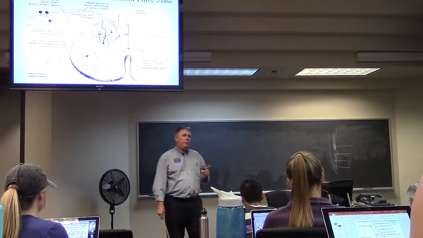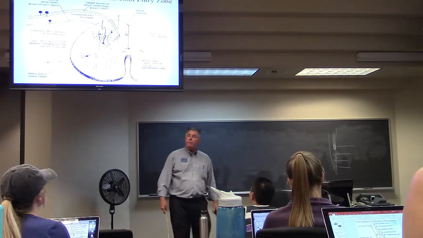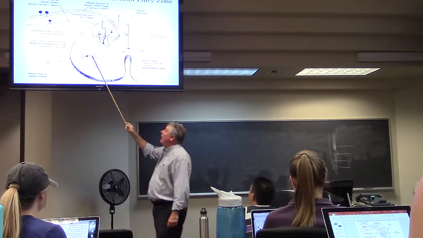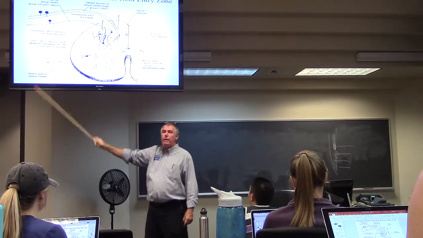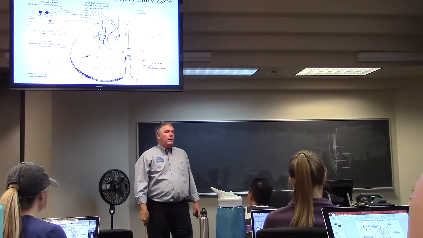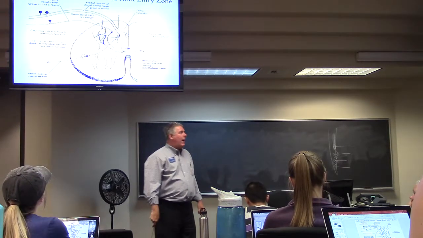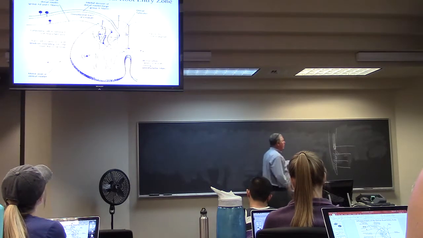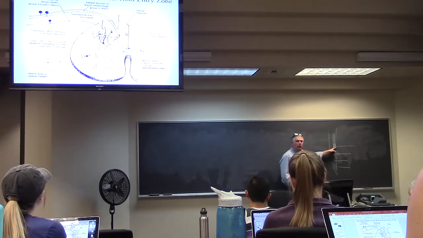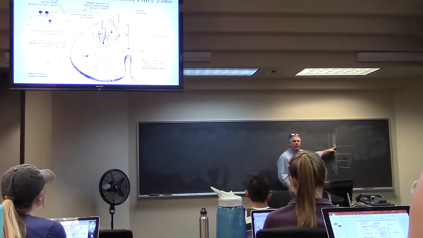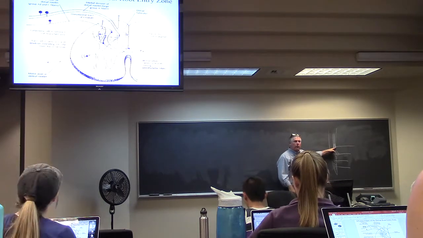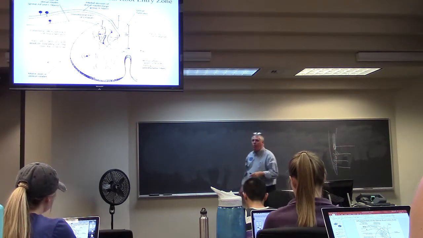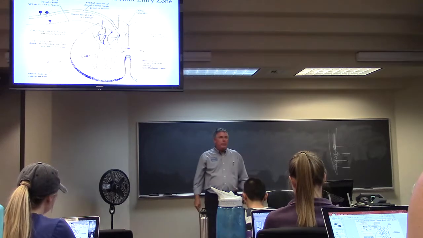And the reason we do that is because here we have a reflex arc. Sensory in, some interneurons, and then motor out. If you have a lower motor neuron lesion, you're going to interrupt the reflex arc, right? If you have an upper motor neuron lesion, the reflex arc is still intact.